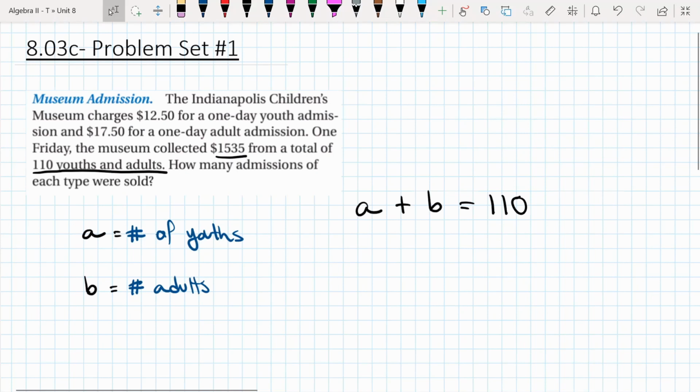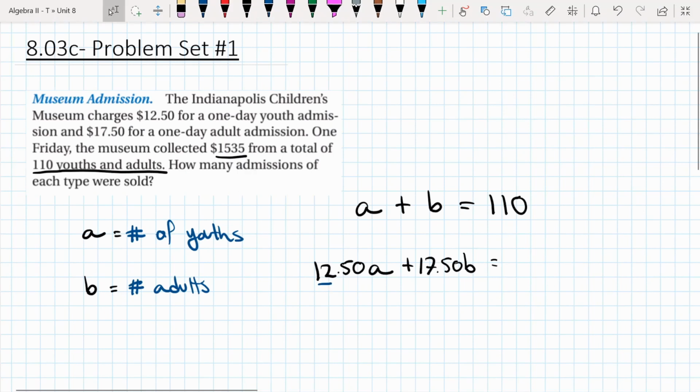If the total amount of money from the museum is $1,535, then the total amount of money from children is going to be the price per child times the number of children, plus, for adults, it's going to be the price per adult times the number of adults.